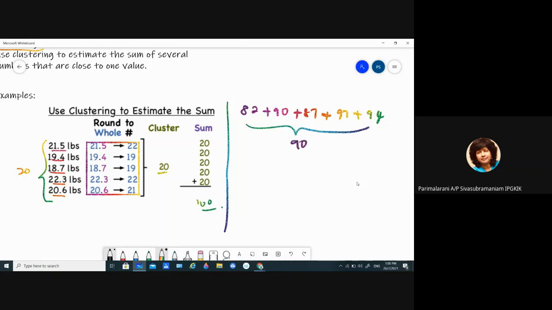They all cluster around 90, very near to 90. And there are 5 numbers, so the total must be about 90 times 5, which is 450. So you estimate that this total is about 450. This is called clustering. When you have a lot of numbers close to one value, then you use this technique.